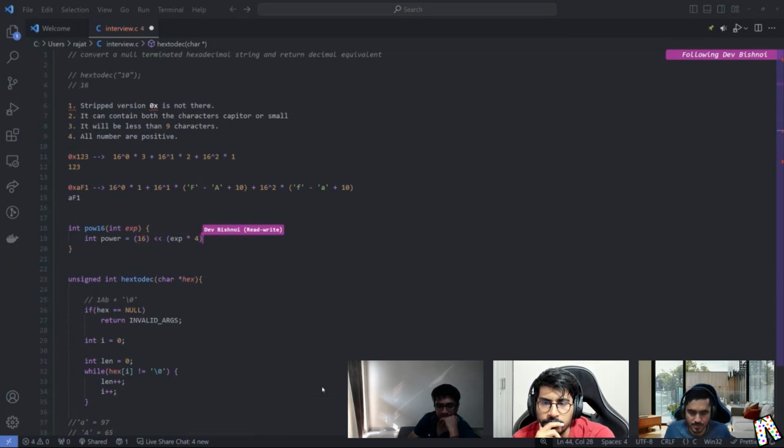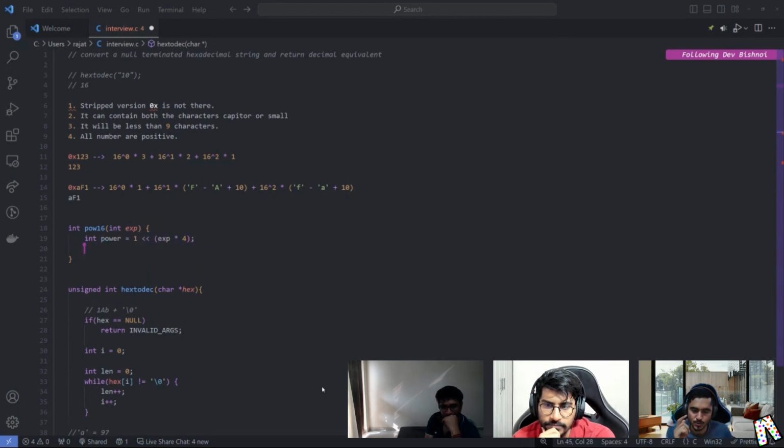So if my exponent is 0, then this returns 16. Okay, this returns 16. If my exponent is 1, why would I do 16 here? It's 1. So if exponent is 0, then shift 1 by 0, which would be 1.